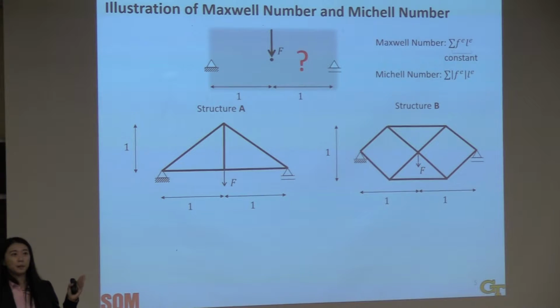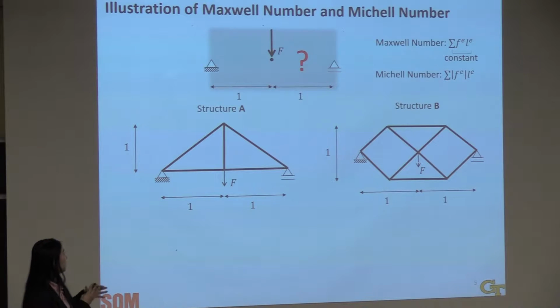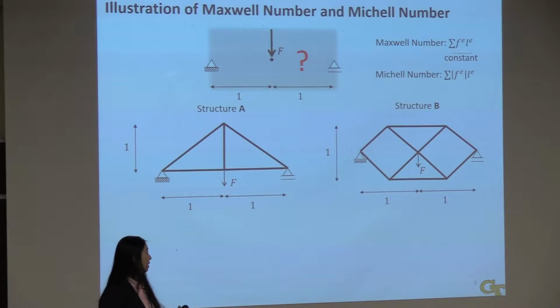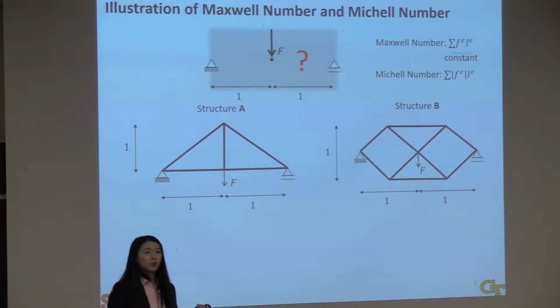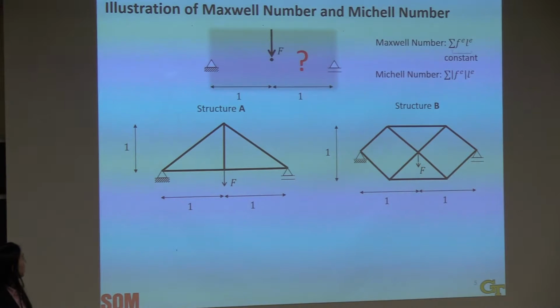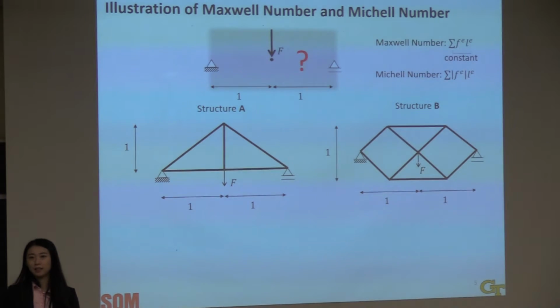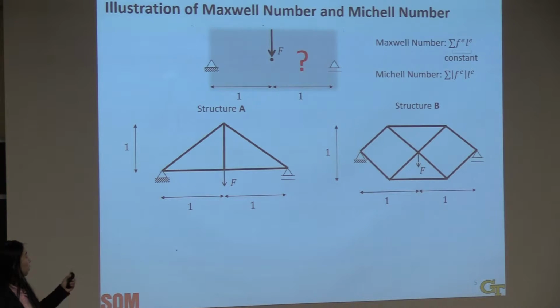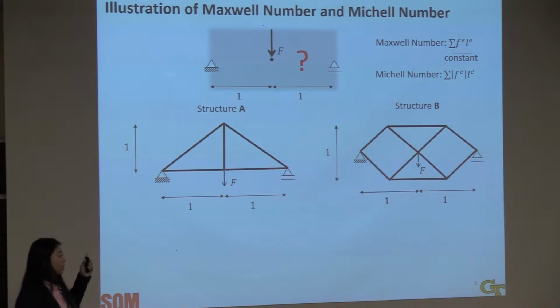Let's take a look at this example, and I will show you why these two numbers are different and what they tell us about the structure. First, we have these two structures that both satisfy this load condition and boundary condition. Since these two structures are externally statically determinate, we can obtain the internal forces of the truss.